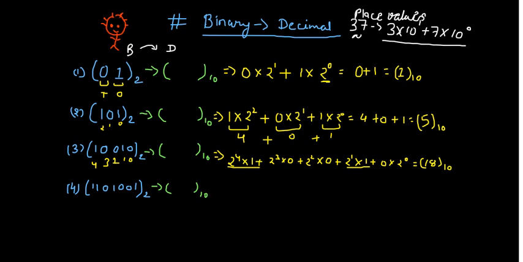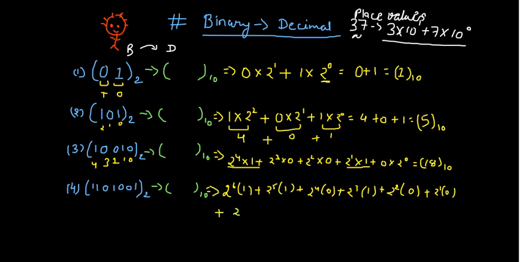Now the final one. That is going to be starting with 2 to the power 6 multiply 1 plus 2 to the power 5 multiply 1 plus 2 to the power 4 multiply 0 plus 2 to the power 3 multiply 1 plus 2 to the power 2 multiply 0, and 2 to the power 1 is 0 again, plus 2 to the power 0, and this is the final one.